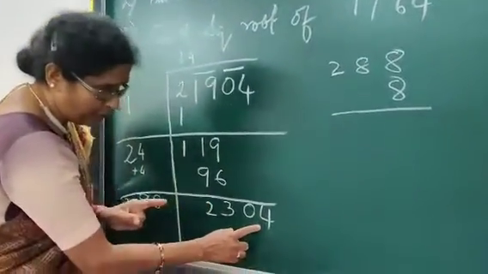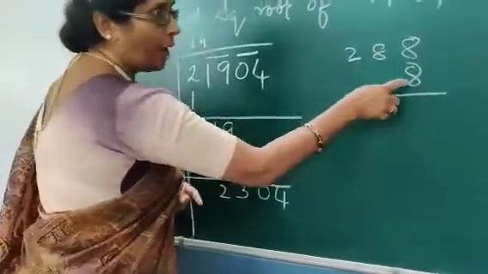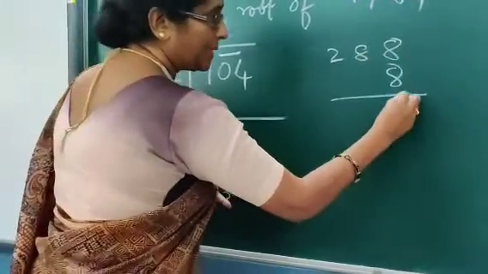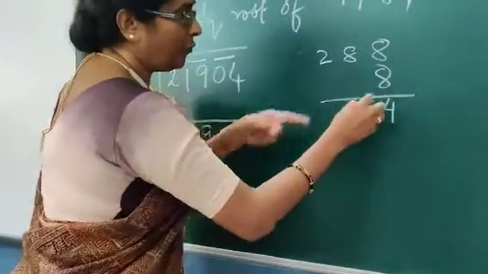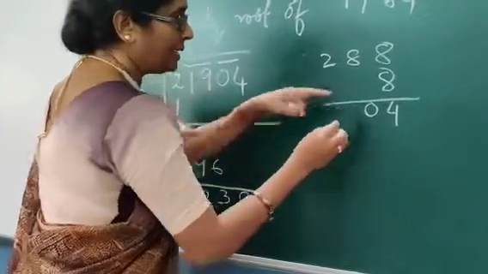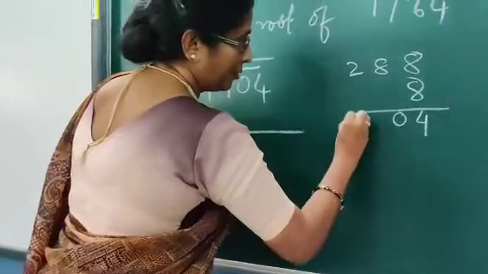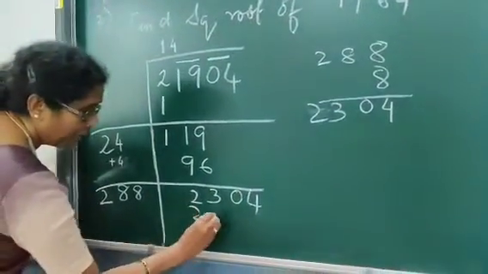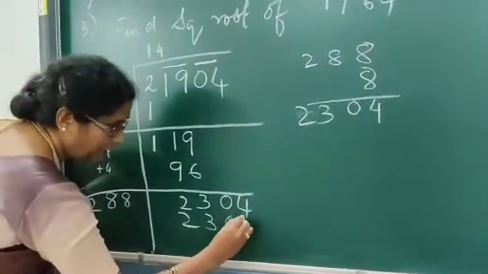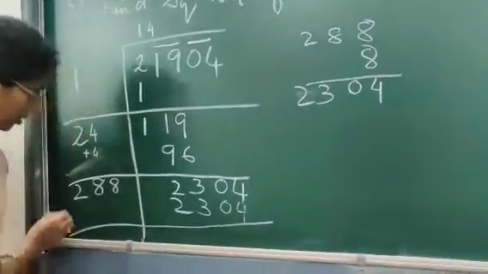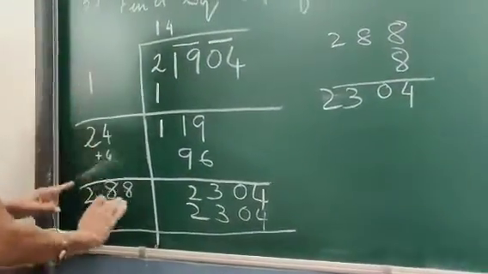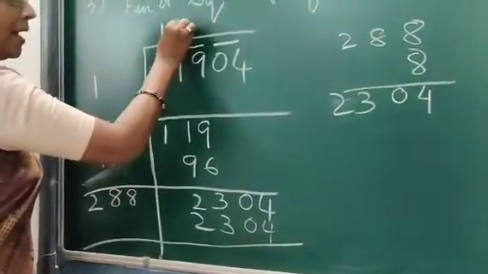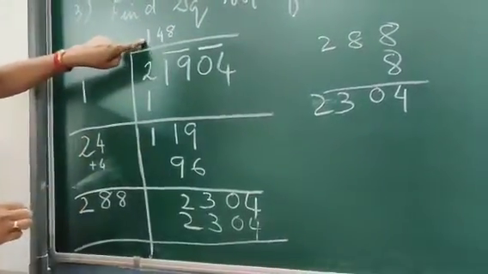So here also the unit place is 4, so I have taken 8. So it is coming 64, then 76, 23. Exactly I am getting 2304. So in these 3 steps I am getting the final answer. What is the answer coming?